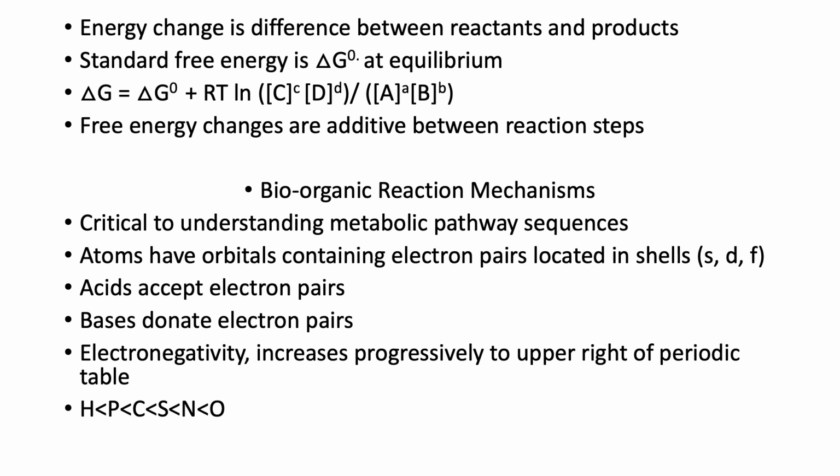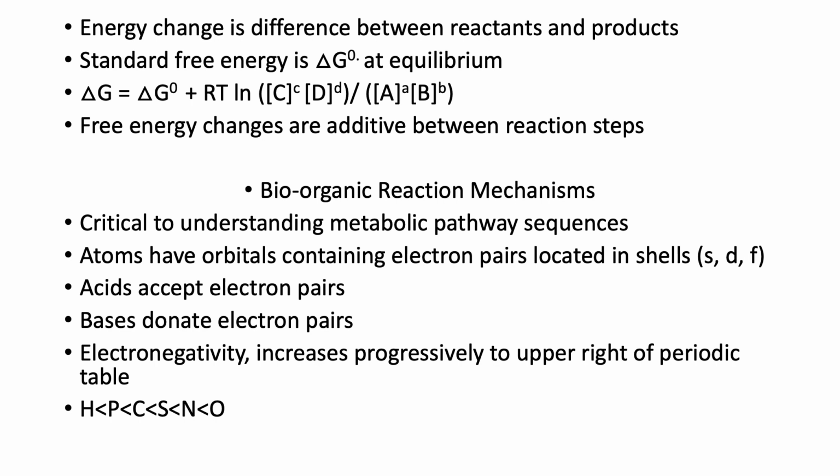And again, if you put in the equation for the equilibrium constant, you can expand the delta G and put in a reference baseline at equilibrium as delta G naught. The free energy changes are additive between the reaction steps.